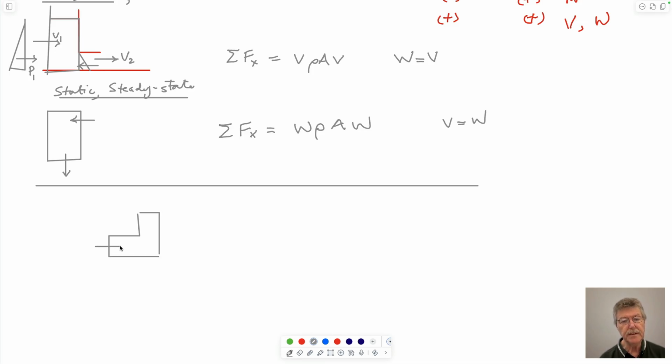Because you have a velocity coming in here, which was W1, and a velocity going out of here, W2. Steady state. But moving.